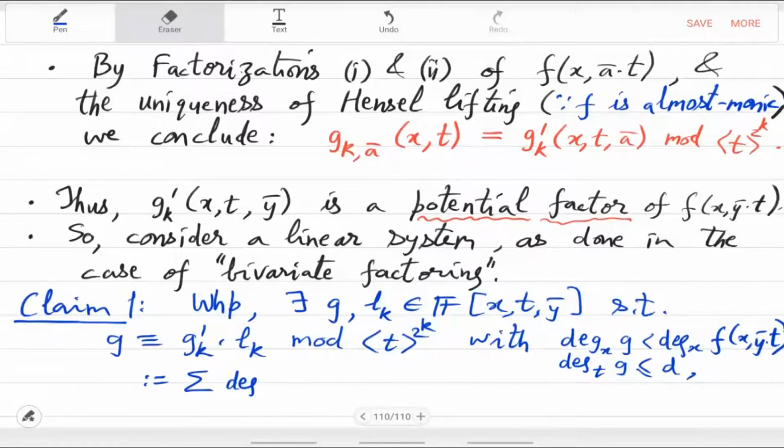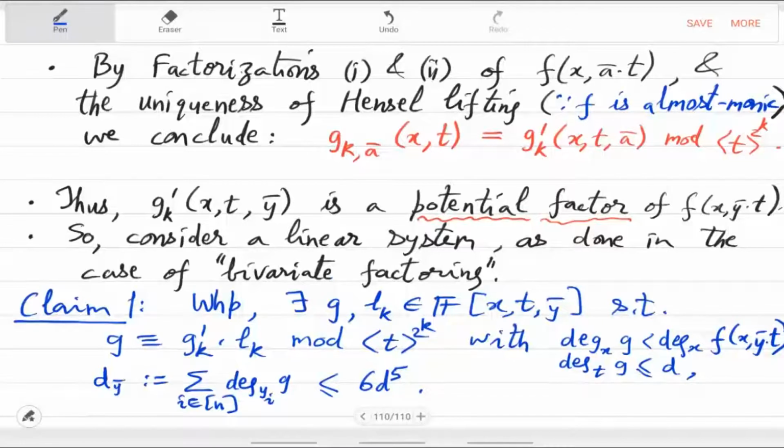Let me call it d prime, which is the degree of g with respect to yi for all i, just summed up. The intuition of this is not clear, we will see it in the calculation. We will claim that this will be at most 6d5. That is the claim we are making.